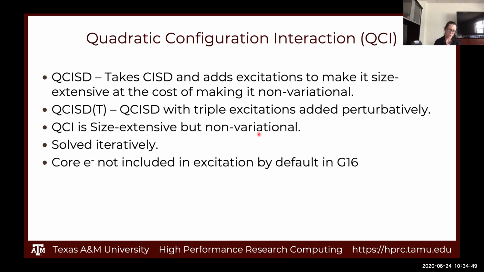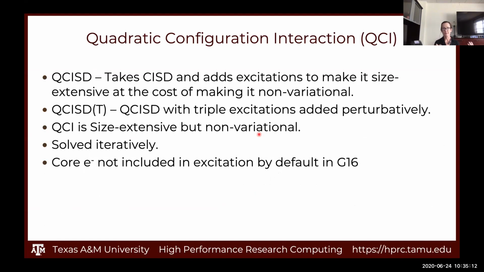To solve the issue of configuration interaction not being size extensive, there was the development of something called quadratic configuration interaction. What it did was remove what's called the disconnected excitations so that it's size extensive. The problem is that to make it size extensive, it loses its variational principle.